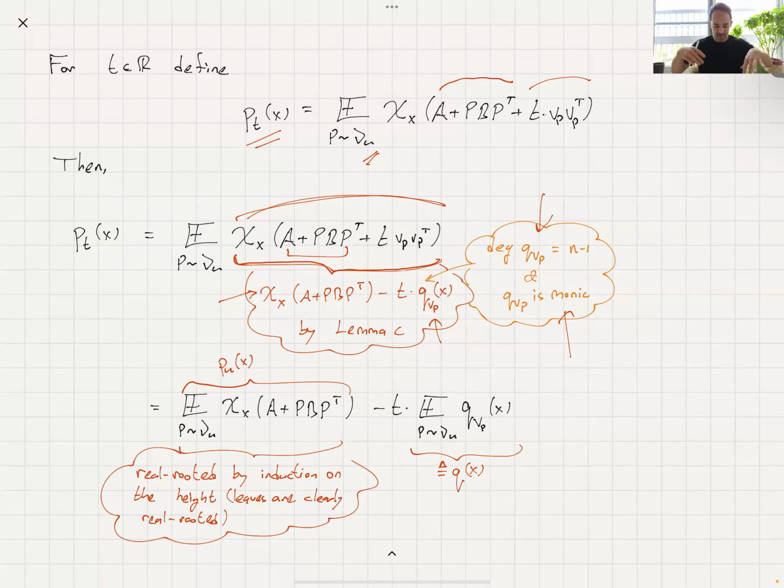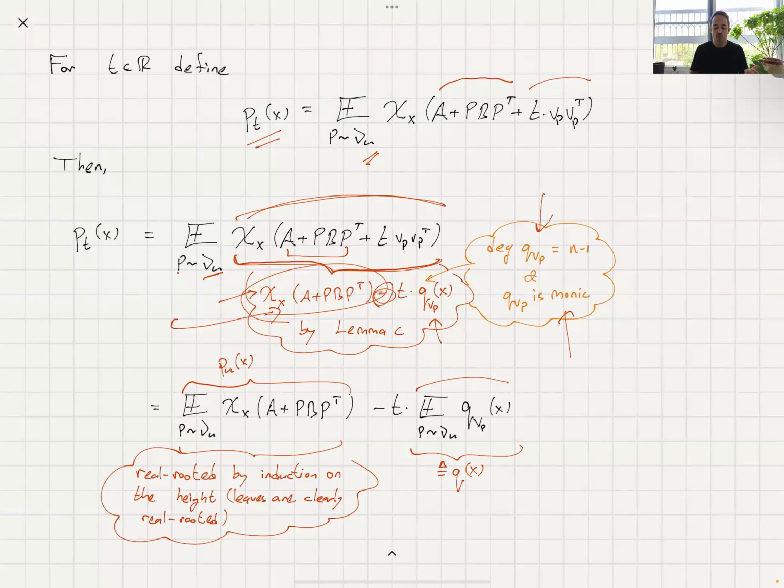So now opening up, like separating the expectations, what you get by this term is exactly PU of X, right? Because the expectation according to P sampled from gamma U, nu U of this thing is by definition PU of X. And then you have a minus T, because of the minus from the lemma C, times the expected polynomial of these QVPs according to P. I don't know much about those, but I know that this is an expectation of monic polynomials of degree n minus 1.